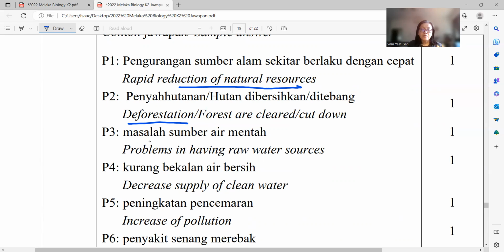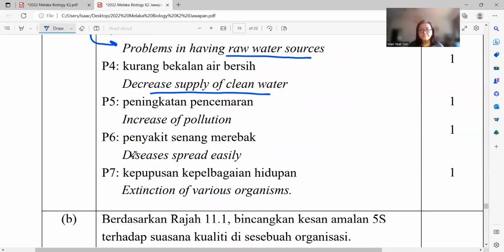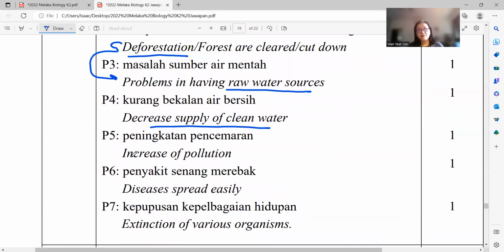That deforestation results in many other related problems, like lack of raw water sources, because forest is a water catchment area. So that will decrease the supply of clean water. And development of a new place also means more factories, industrialization, more cars and vehicles, which will increase pollution such as air pollution.